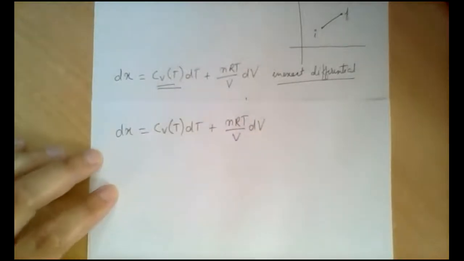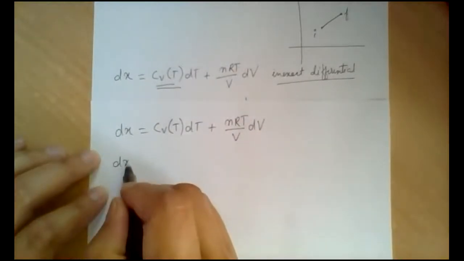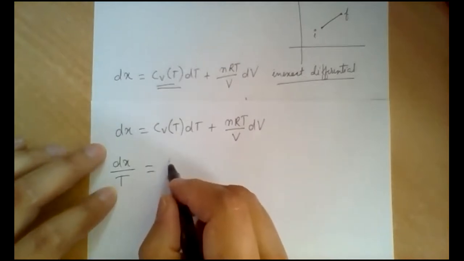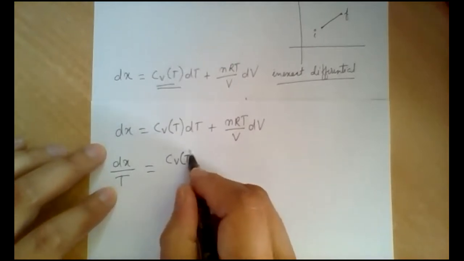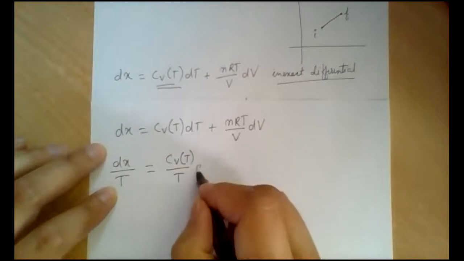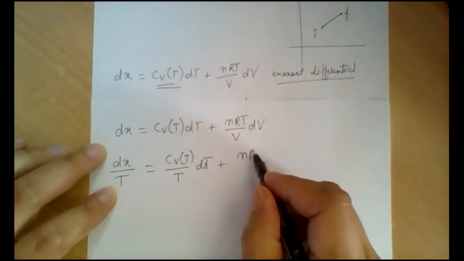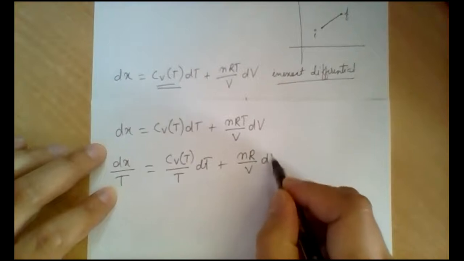This is dX. If we divide dX by T, this is equal to CV(T) by T dT plus nR by V dV.